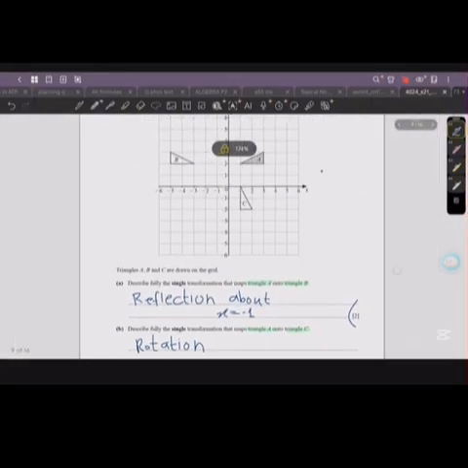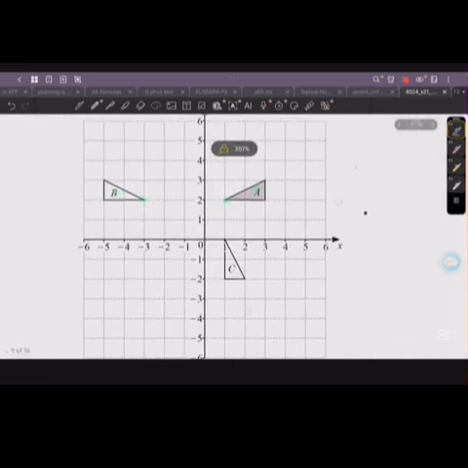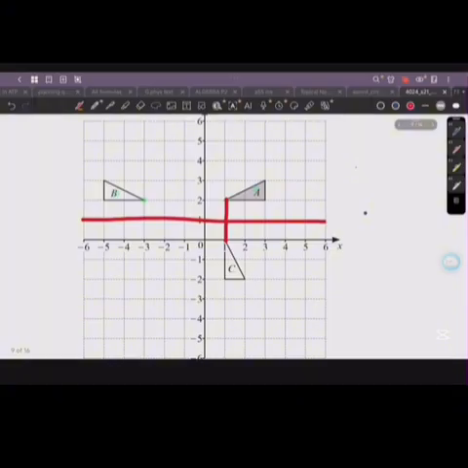Now we'll find the center point where it is being rotated. So we'll take 2 points on the triangles. We know this point is this point on the triangle C, and we will connect these two. Then we will draw the perpendicular bisector, which is at 1 on the y-axis.